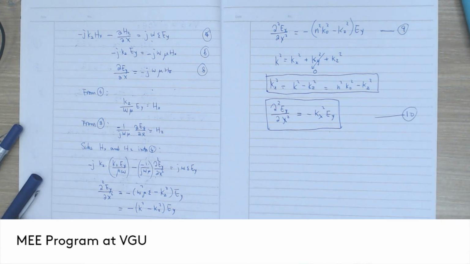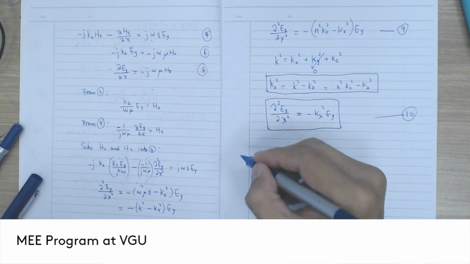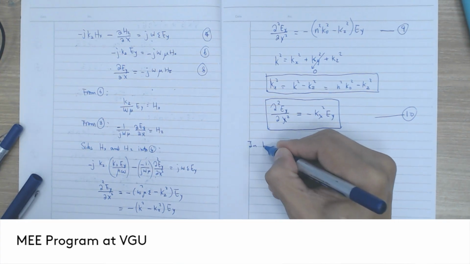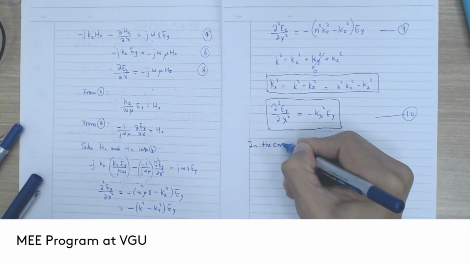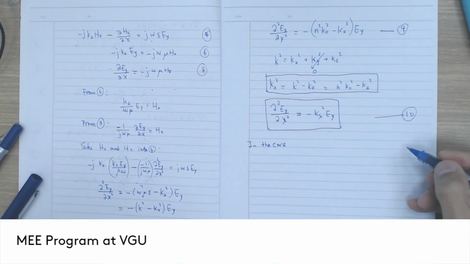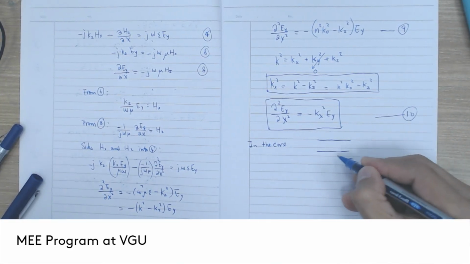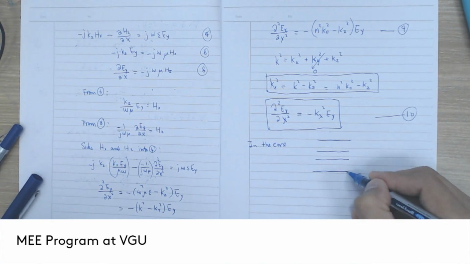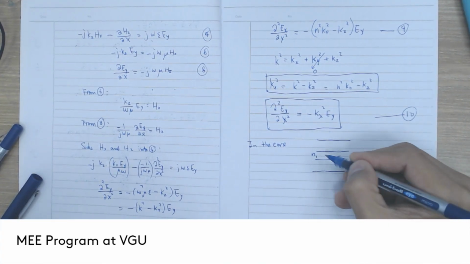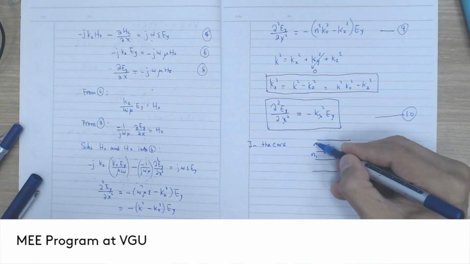Now we are going to examine the solution. In the core, we have something like this. So N1 and N2.